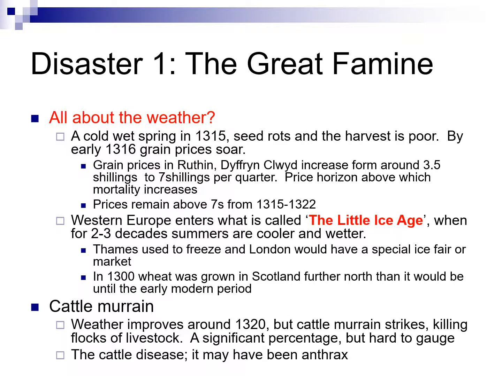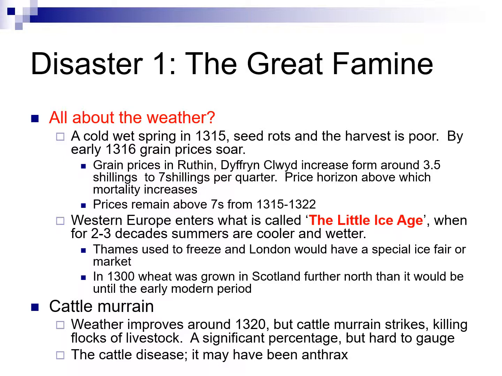It's hard to imagine that happening now because the Thames hasn't frozen for decades, due to the fact that we're in a warm phase just now, for whatever reason. Now, in about 1300, wheat was grown in Scotland further north than farmers would be able to grow it until the early modern period, until well into the 1500s. We know this from estate records, for example.